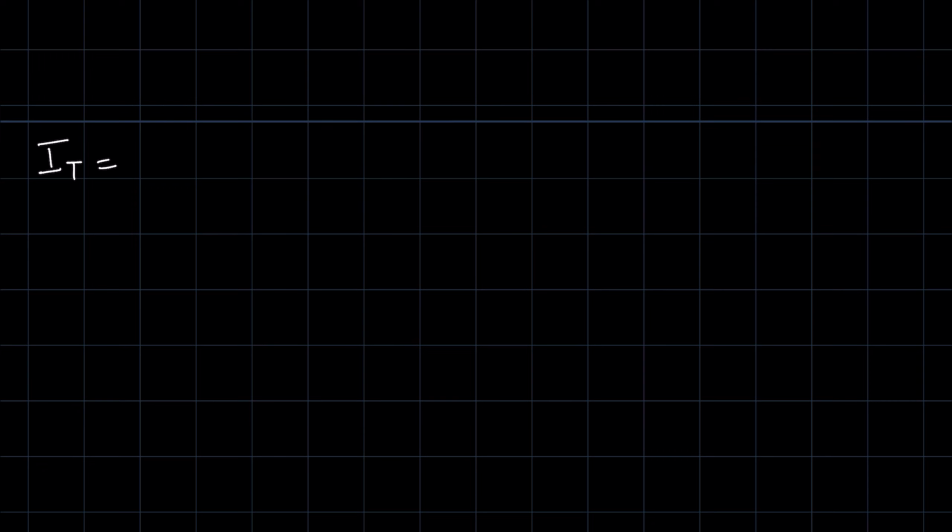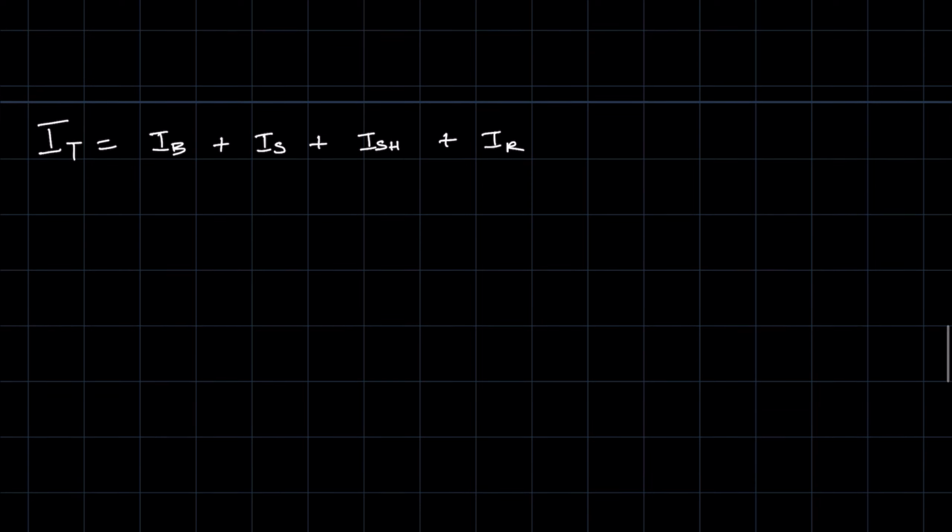Since we've calculated the moment of inertia for each part, all we do is just add them. So this would be I of the boss plus I of the spoke plus I of the shaft plus I of the rim. It's 4 parts. So now you just add these.